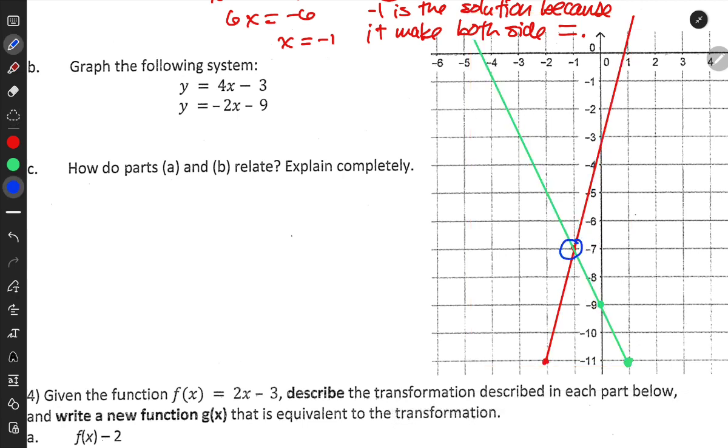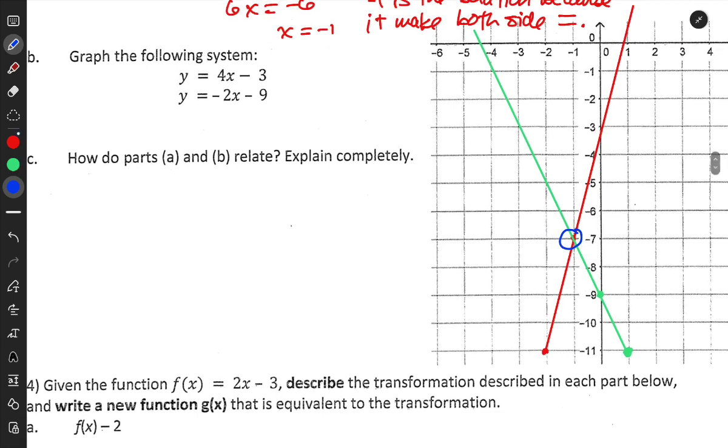All right, so this question says, how do parts A and B relate? Explain completely. Well, in part A, I was asked to solve the equation that you get when you set y from the first equation equal to y from the second equation. And when I solved that, there's no y in that equation. It's just something with x equals something with x. And I solved it and I got that x was the number negative 1, right?